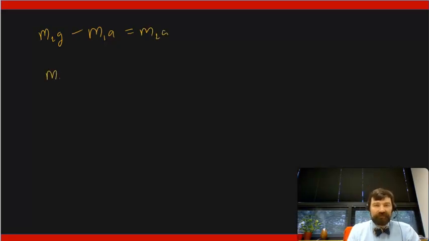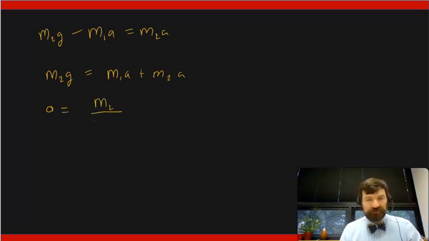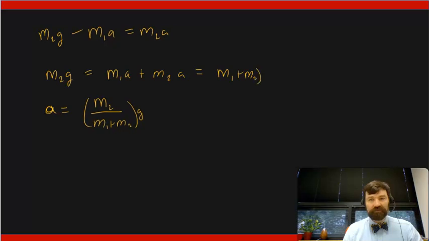And that means that m2g is m1a plus m2a. And so in turn that means that the acceleration a is equal to m2 over m1 plus m2 times g. This side right here could be rearranged as m1 plus m2 times a for what it's worth.